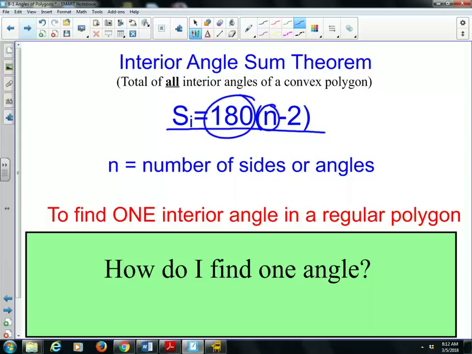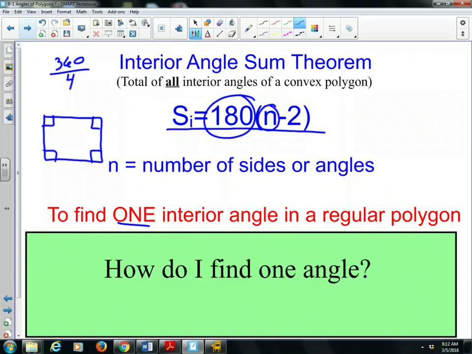Whew, crazy, right? So now if I want to find just one of those angles, like what if it was a square? Well, you probably know that in a square, all the angles are 90. There are 360 degrees, and we would divide that by the number of angles, which is 4.